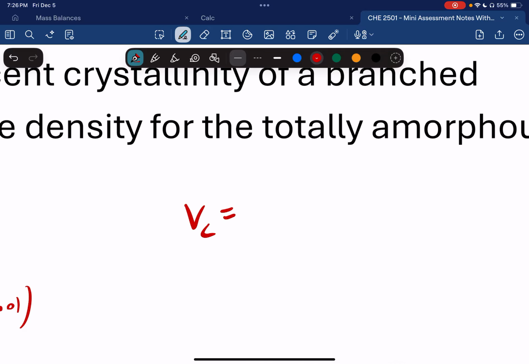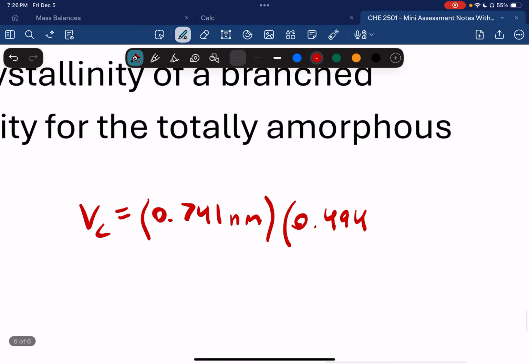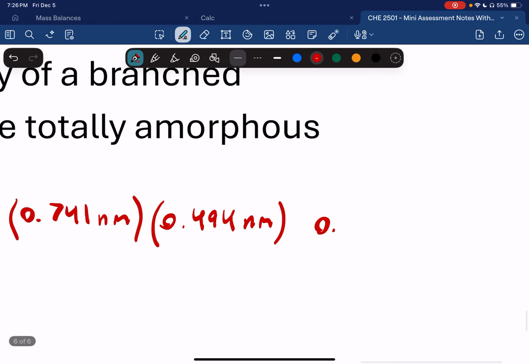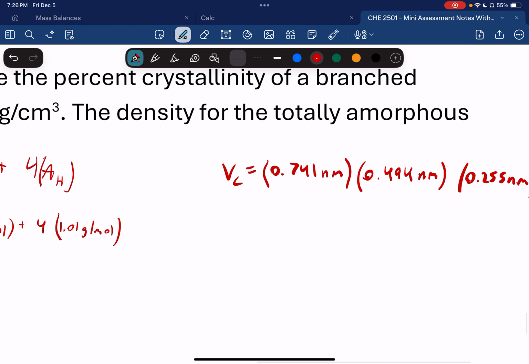And this is going to be in nanometers, of course. Pretty simple, just finding the volume. This comes out to 9.33 times 10 to the minus 23 centimeters cubed per unit cell.